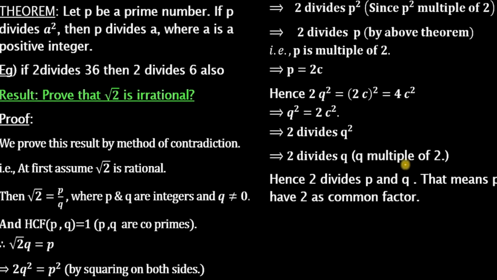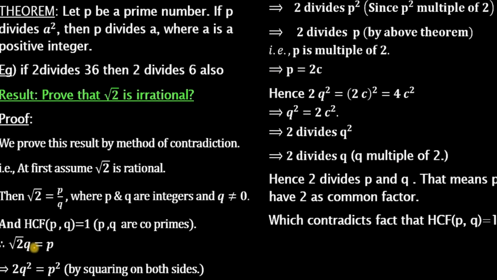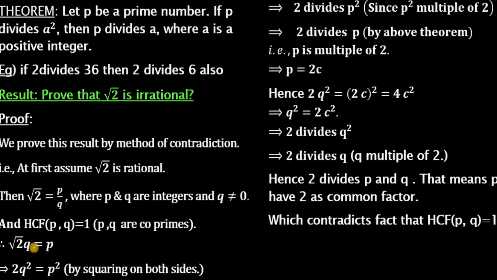That may be its HCF or something greater than that will be its HCF. This contradicts the fact that the HCF of p and q equals 1. Our assumption was that the only common factor of p and q is 1, but we get one more common factor, that is 2.